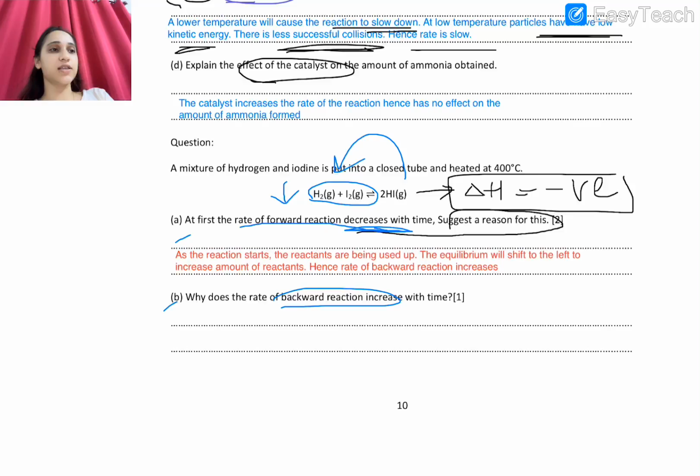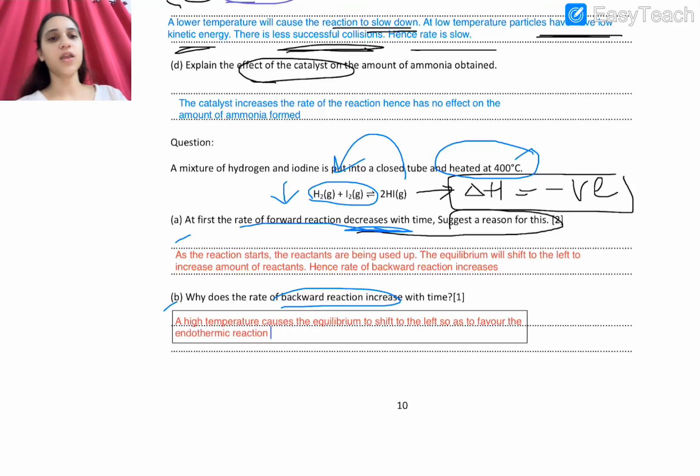The reaction is exothermic. So when the mixture is heated, the equilibrium will shift so as to decrease the temperature, hence favor the reverse endothermic reaction.